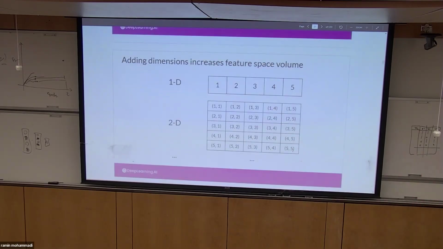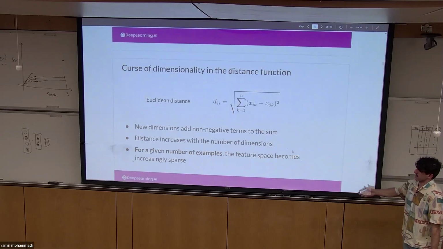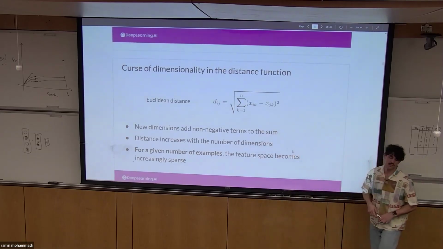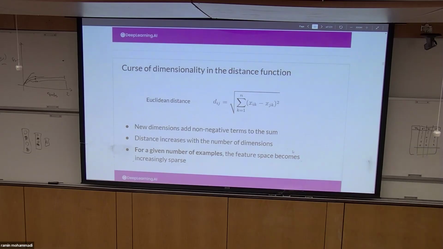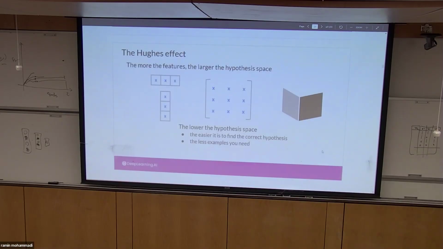All right. So this goes back to the same thing we just talked about, 1D versus 2D. That's the curse of dimensionality in distance space, because this is not negative, it will always increase. Now, there is a concept called the Hughes effect.